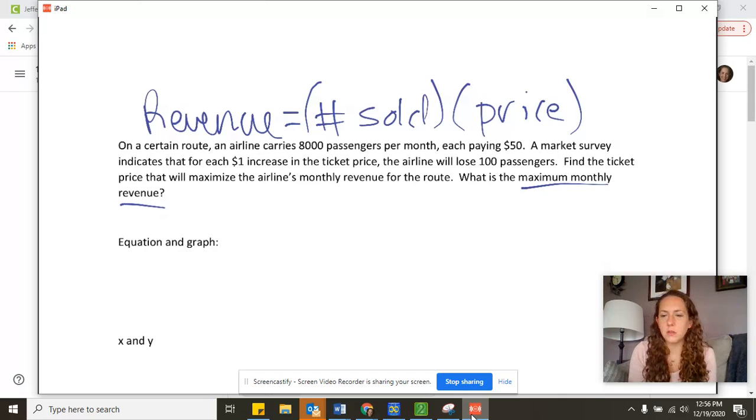That should hopefully make sense, like however many you sell times how much you're selling it for. So in this case, let's start with the number sold. So right now we're selling 8,000 per month.